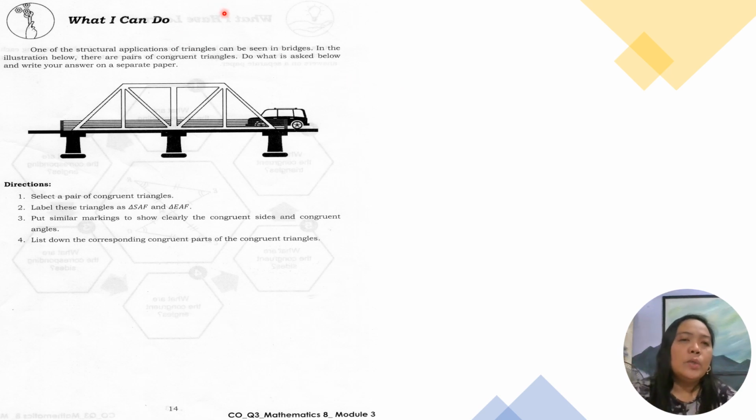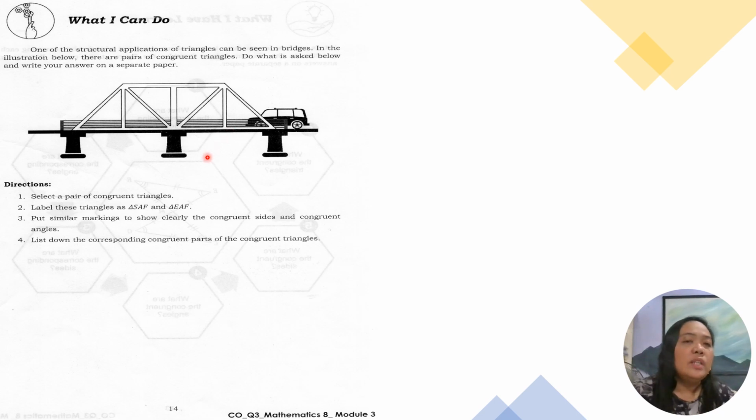Now, as soon as you are done answering what I have learned, you are now ready to continue with page 14 of your SLM on what I can do. Given here the illustration, one of the structural applications of triangles can be seen in bridges, right?